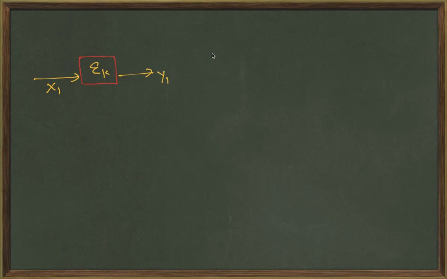If I should not get the same output when the input repeats, what I can do is add a random number here. The first time I get y1. The second time I change the random number: instead of r1, I give r2, so automatically my output changes to y2, even though the input is still the same. The third time I change this random number to r3, and even though my input is the same, I get the output y3.